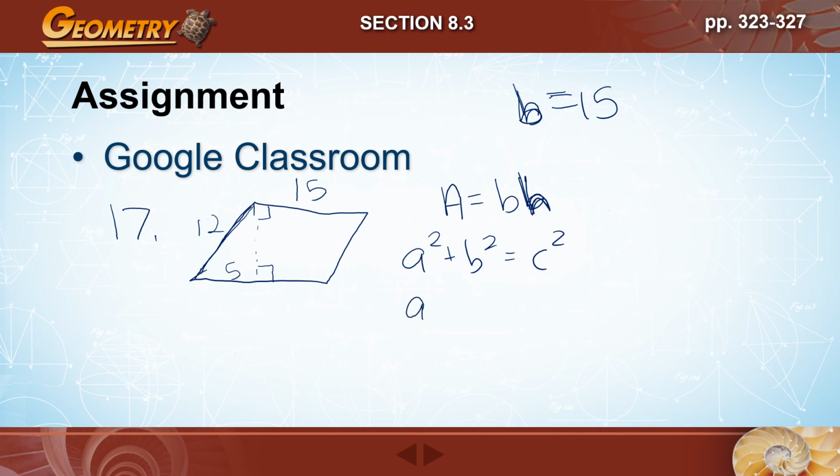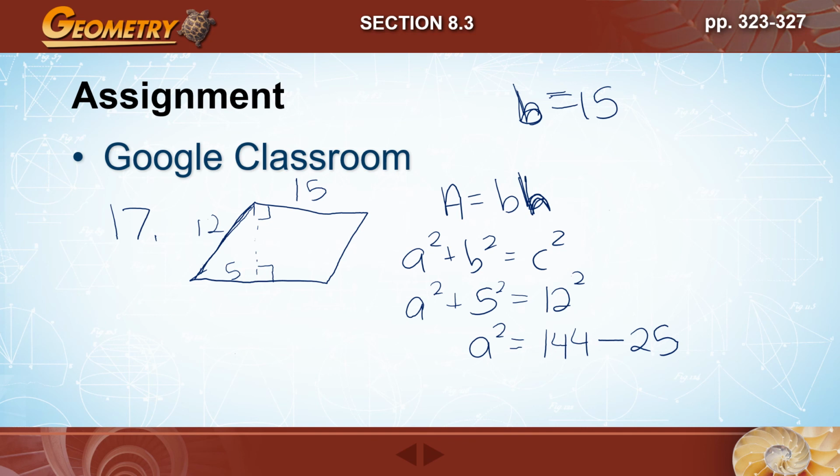So I'm going to say a squared plus 5 squared is equal to 12 squared. Okay, so then I can move the 5 squared over. A squared is equal to 144. 12 times 12 is 144. And then I have to subtract 5 squared, which is 25.